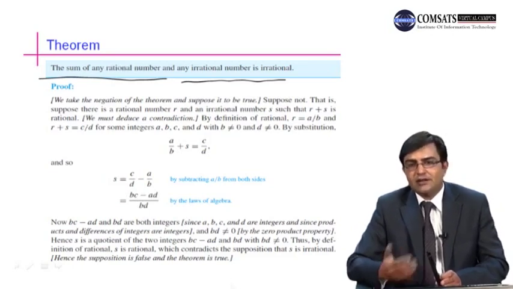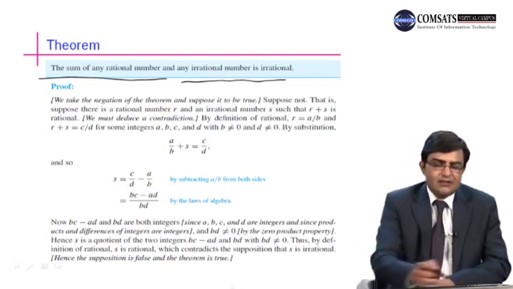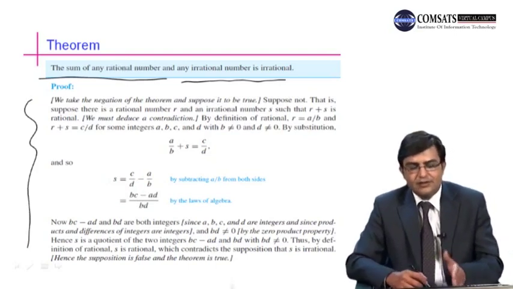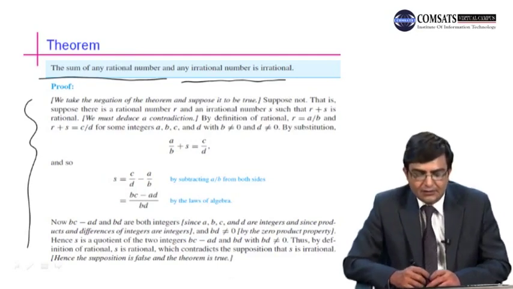We suppose that it is not irrational, then it will be rational. By taking some other steps, you see in this proof. This proof is also given in the book of Discrete Mathematics by Susanna. You study this proof. I hope you will understand it.